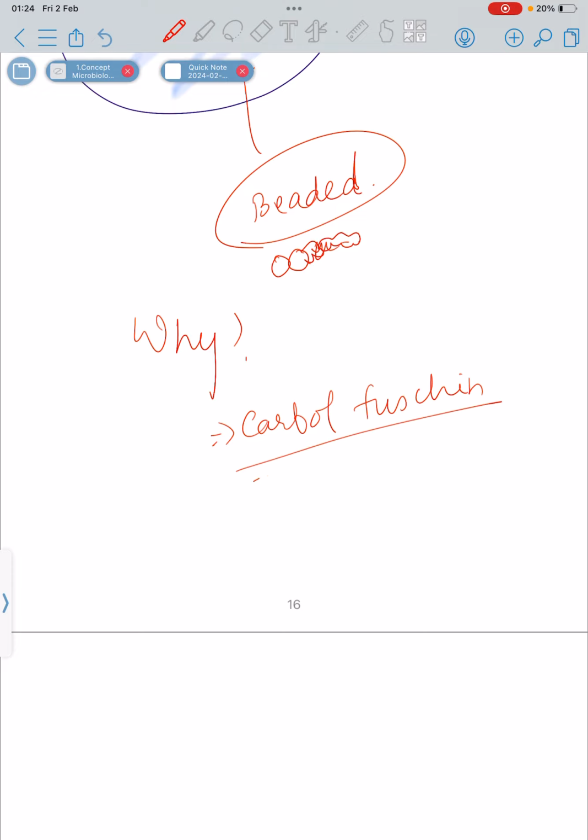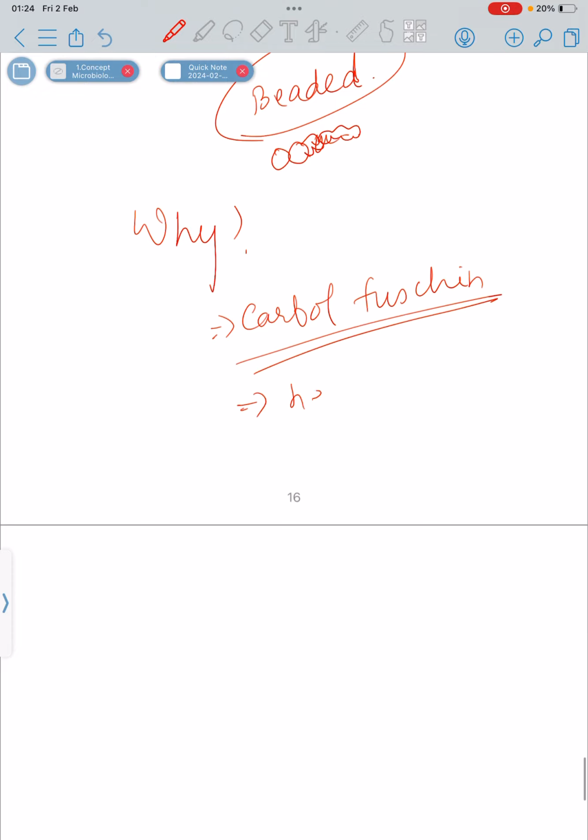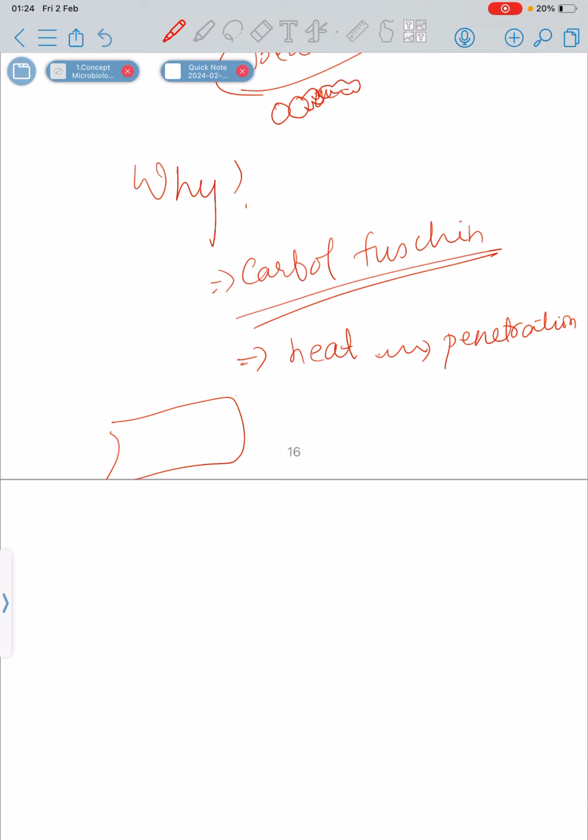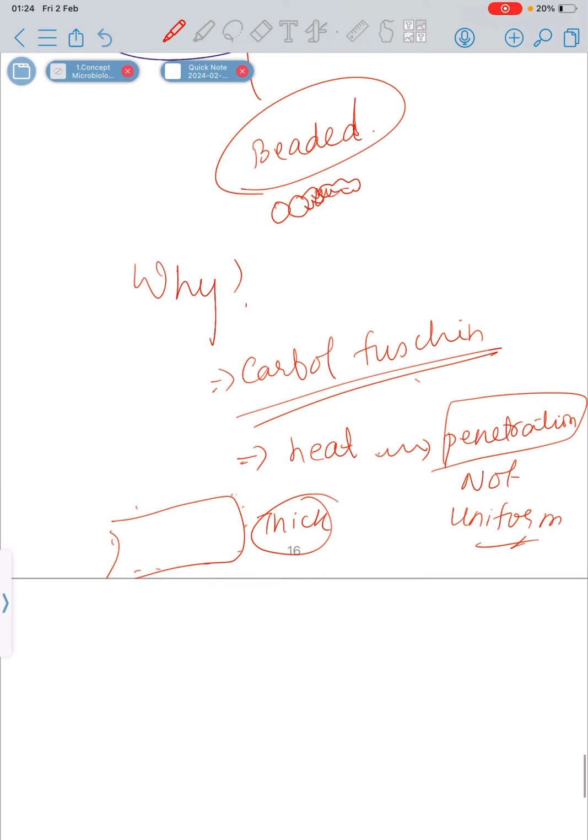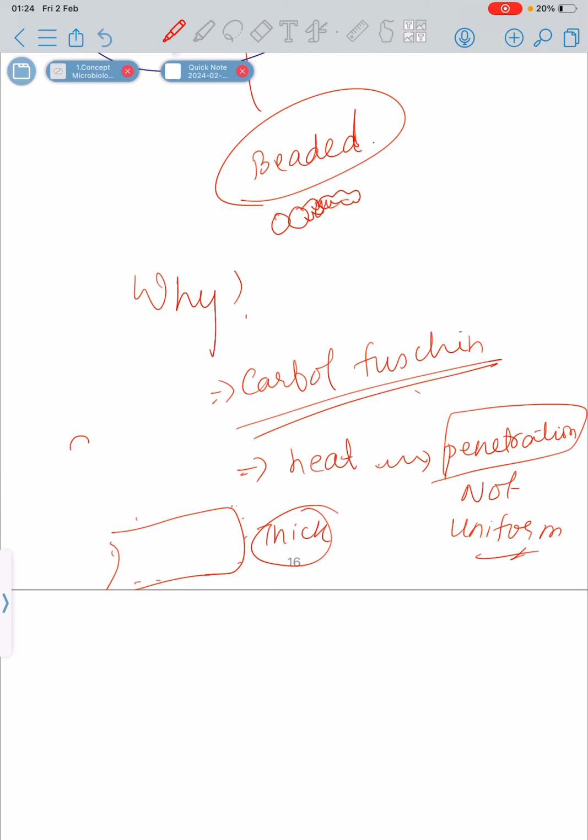We had given heat with it so as to allow penetration of the stain. But will it get uniformly penetrated? No. This mycolic acid layer and the cell wall is so thick that the penetration is not uniform, because of which the acid fast bacilli is not uniformly stained and it gives a beaded appearance.